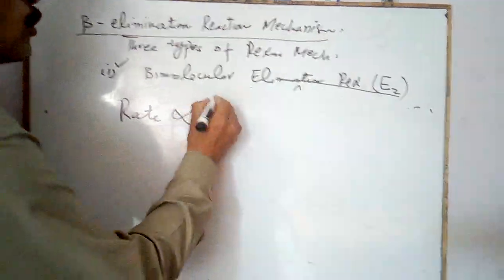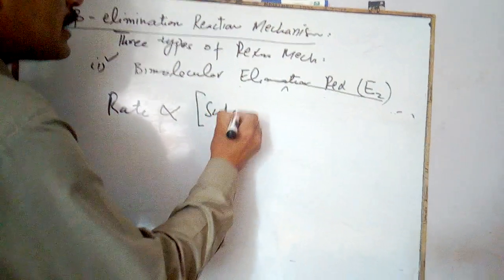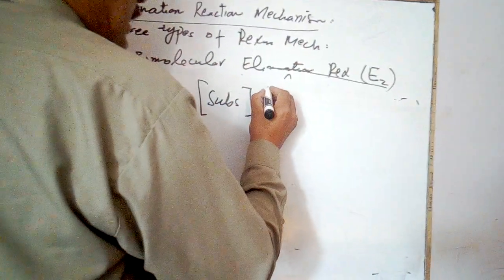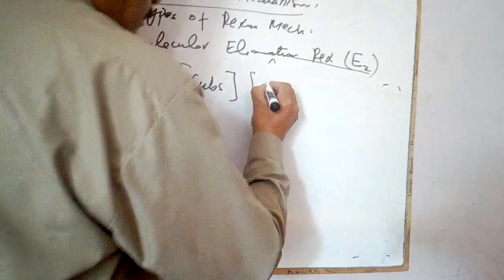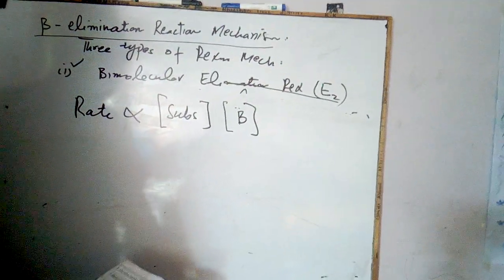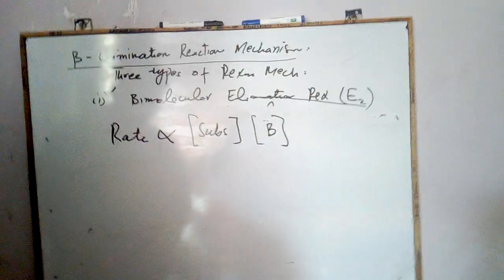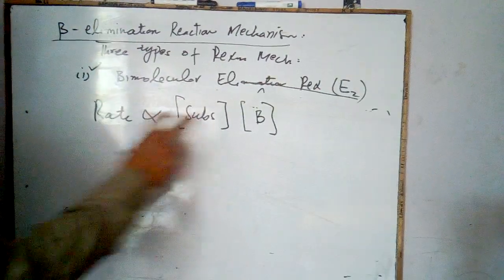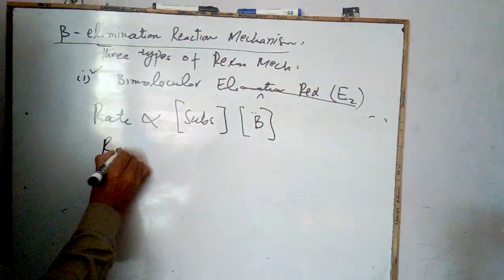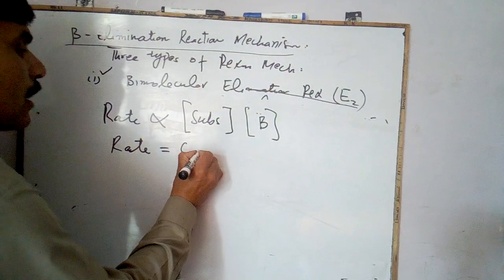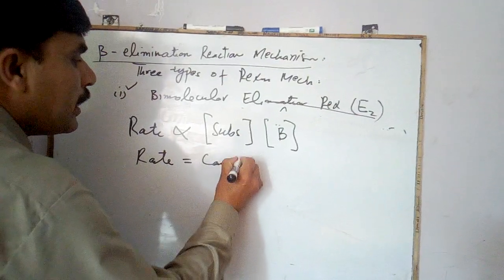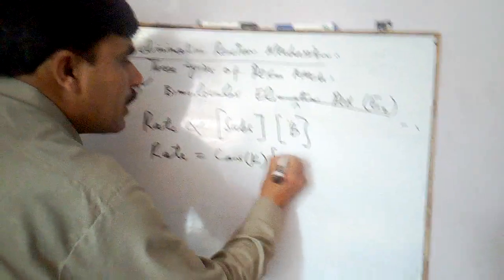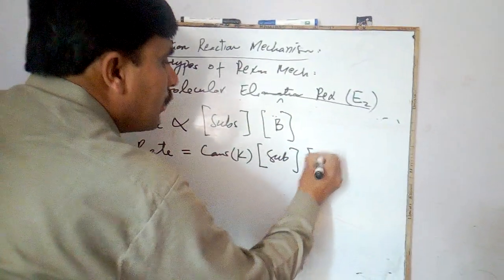The rate is directly proportional to the concentration of the substrate as well as the concentration of the base. That's why it is said to be a bimolecular reaction. So you can write rate equals a constant, represented by K, times the concentration of substrate and the concentration of base.